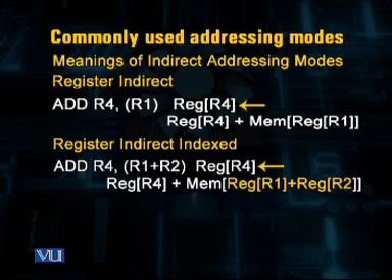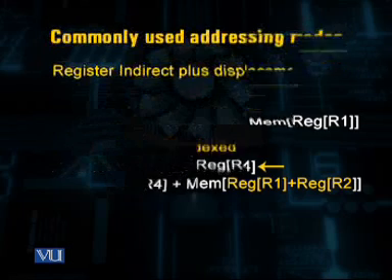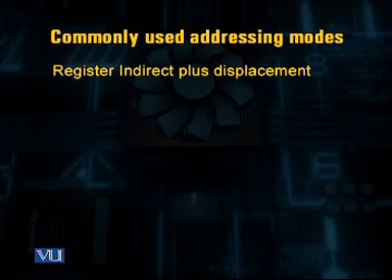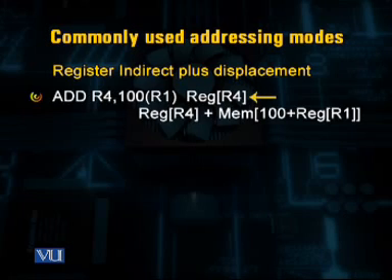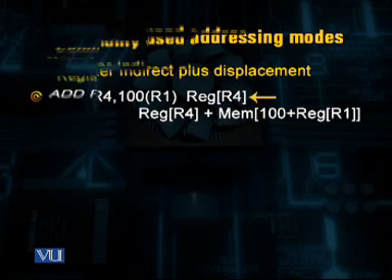The other type of indirect addressing is known as register indirect plus displacement, or simply displacement type of addressing. Here in this particular case, a particular value is specified along with the instruction, which is a displacement to the present base value.